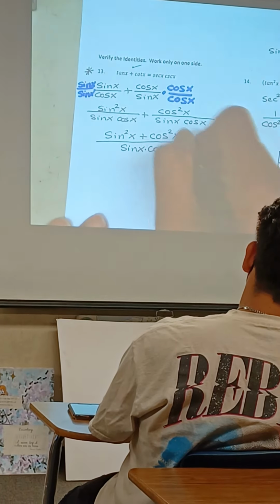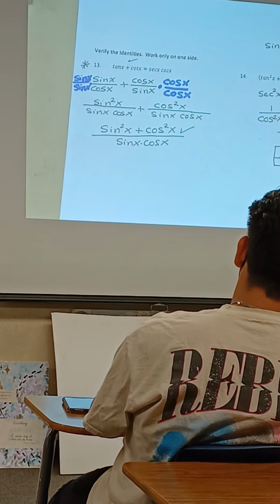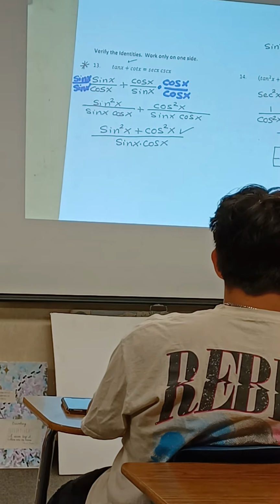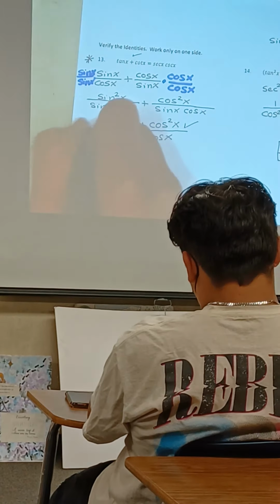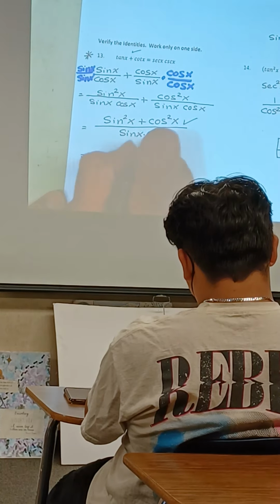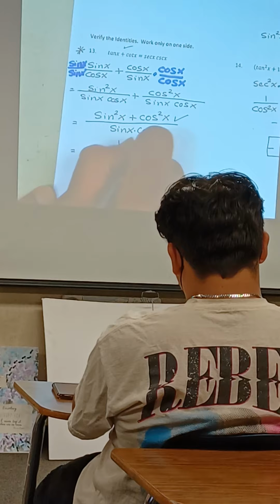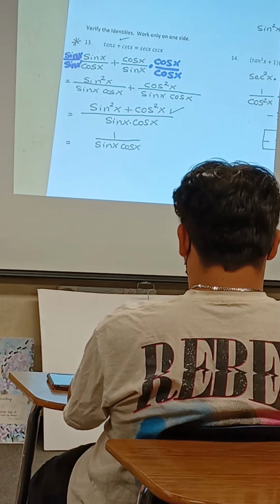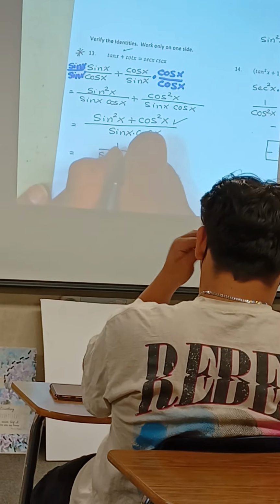Now let me put a check next to an identity. What does that equal? 1. Sine square plus cosine square is 1, right? Okay, so we're almost done.